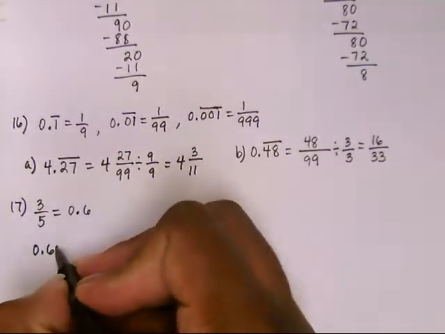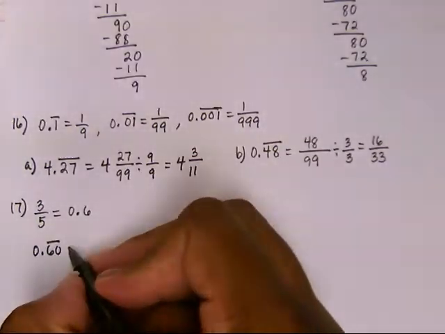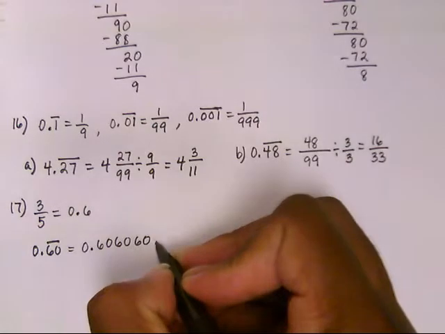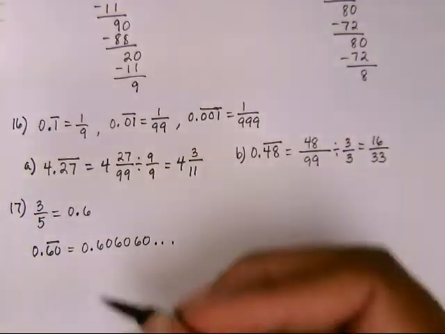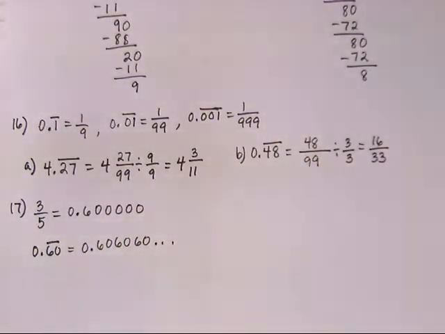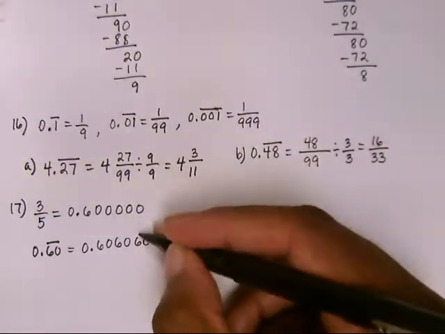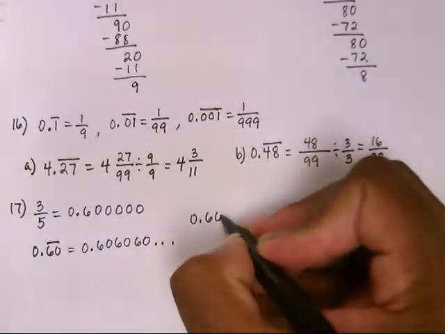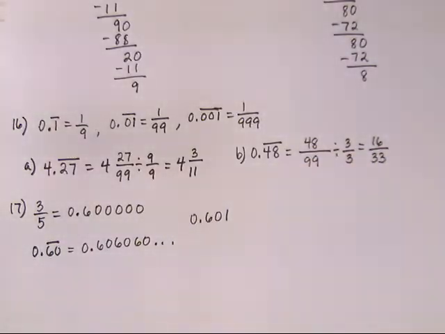Now 0.60, where the 6 and the 0 repeat, that's 0.60, 60, 60, like that. Now I'm adding 5 zeros after the 6. Now, the answers here will vary, but as long as you pick a number that is between these two numbers, that's fine. One number would be 0.601. And that falls between 0.6 and 0.60 repeating.